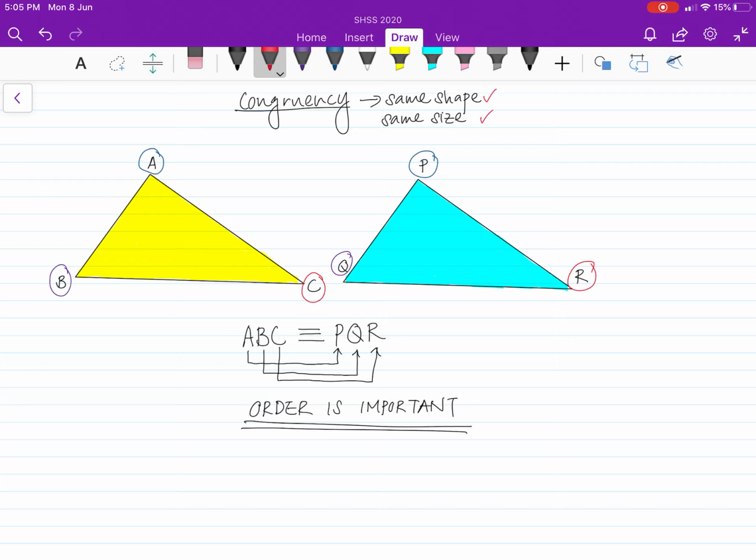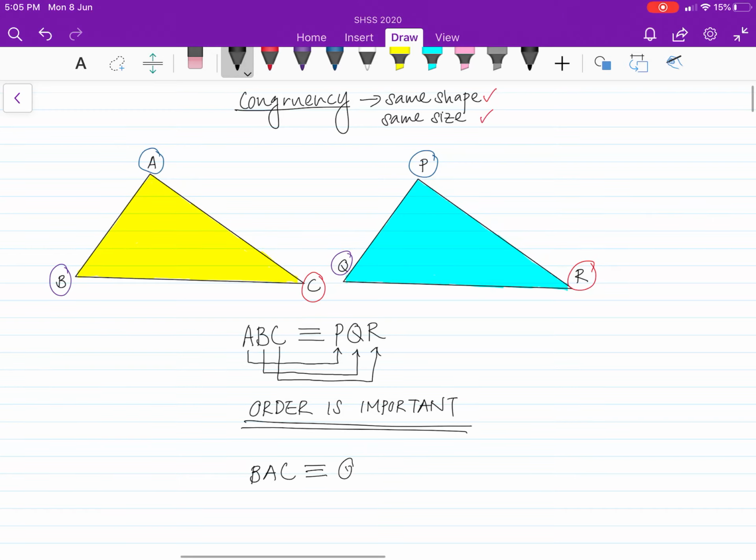Instead of writing ABC, I can write BAC is congruent to, now if I were to write PQR like this, it will be wrong, because B does not correspond to the point P. So this is wrong. How should we write it? BAC, we should write it as QPR. So the order is important.